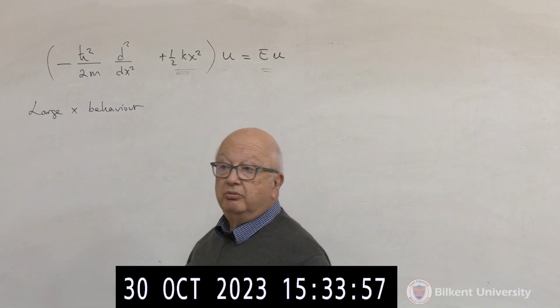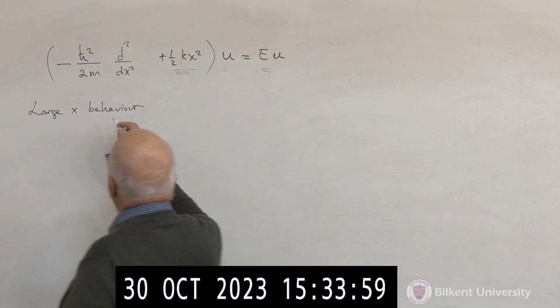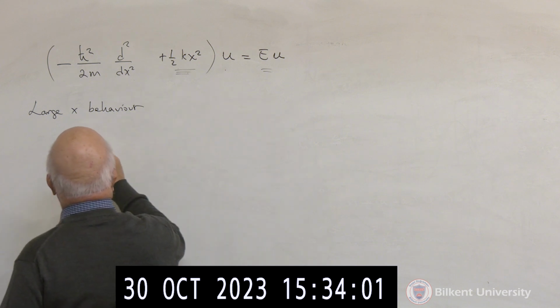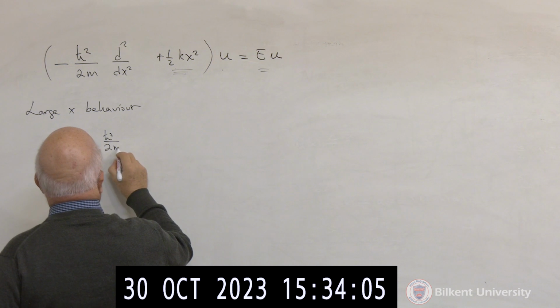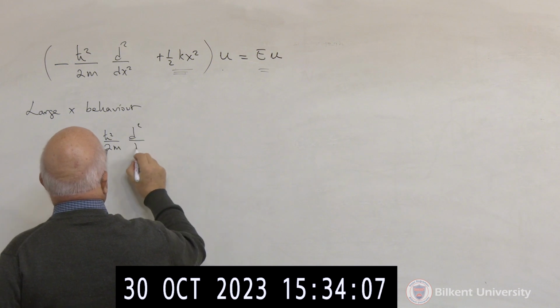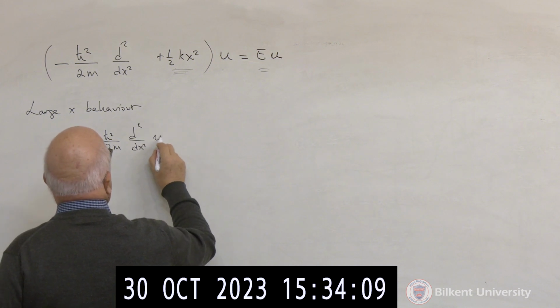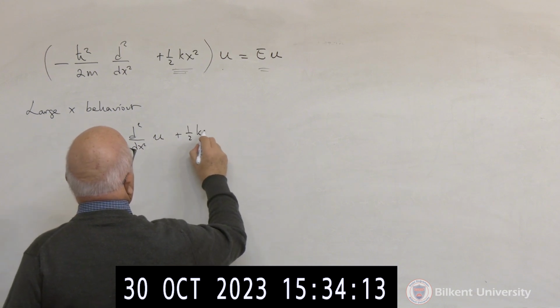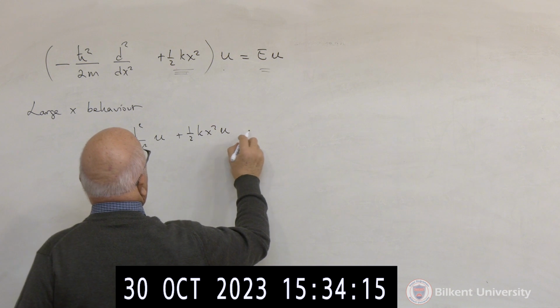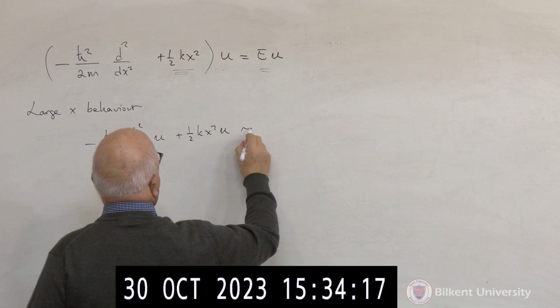Okay, so as an approximation, I say in that case, minus h bar squared over 2m d squared dx squared u plus 1 over 2 k x squared u is approximately 0.